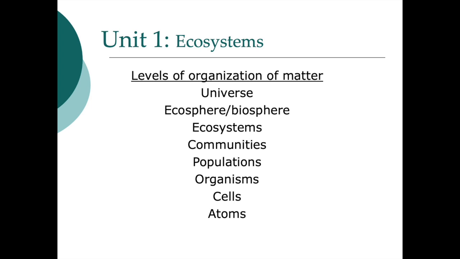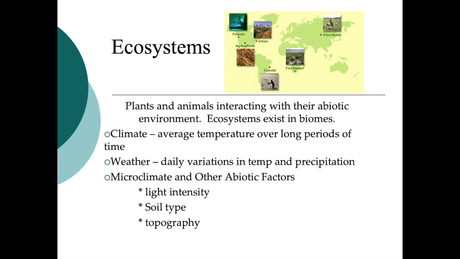So if we're looking at the actual organization, again, if we're going from big to small, we're going universe to the biosphere, ecosphere, ecosystems, all the way down to the atom. But let's focus on the ecosystems. Again, when we're thinking of an ecosystem, ecosystem life is shaped by the abiotic factors.